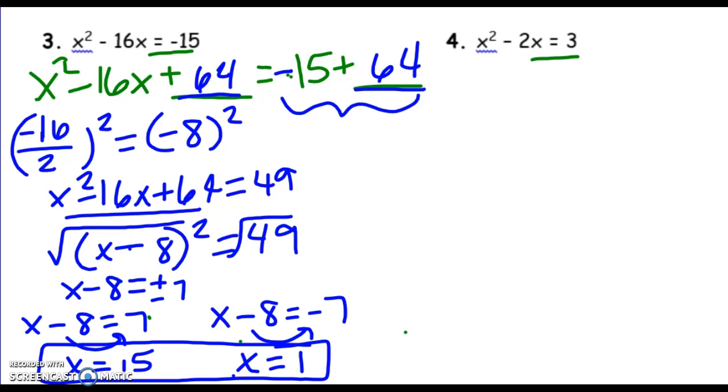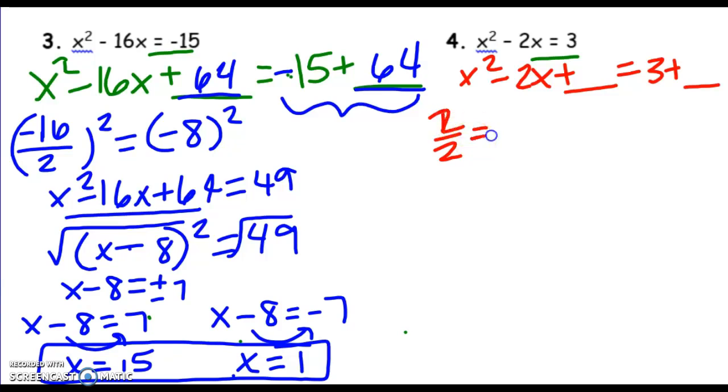Okay, moving on, I'm going to do the same thing. So I've got x squared minus 2x plus something is equal to 3 plus something. All right, so I do my 1/2 of b squared, so half of 2 would be 2 over 2, which would equal 1, and squared also equals 1.